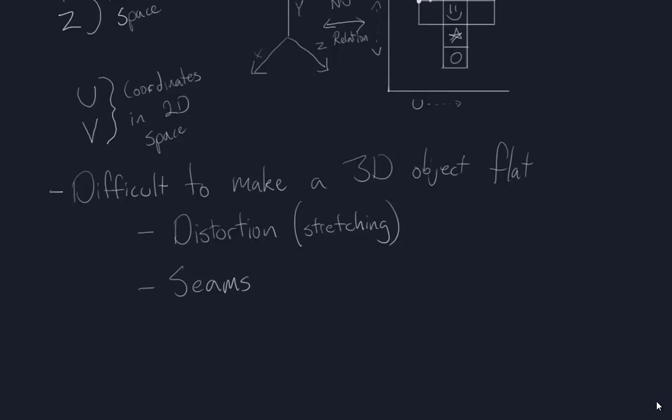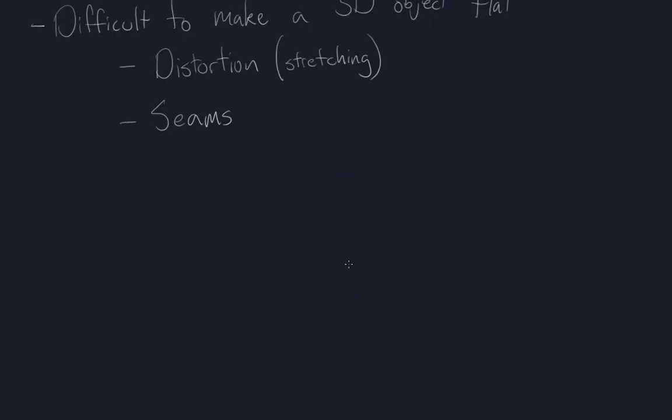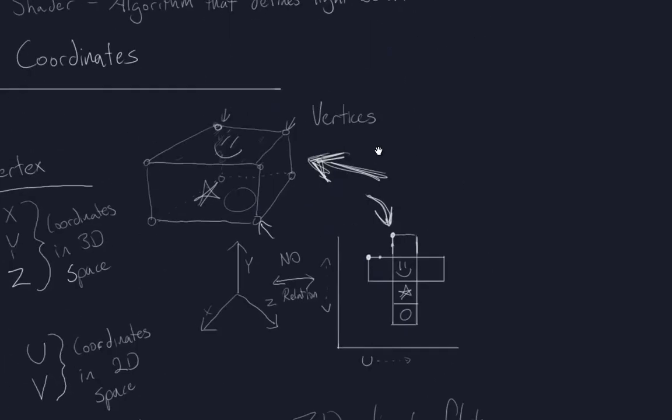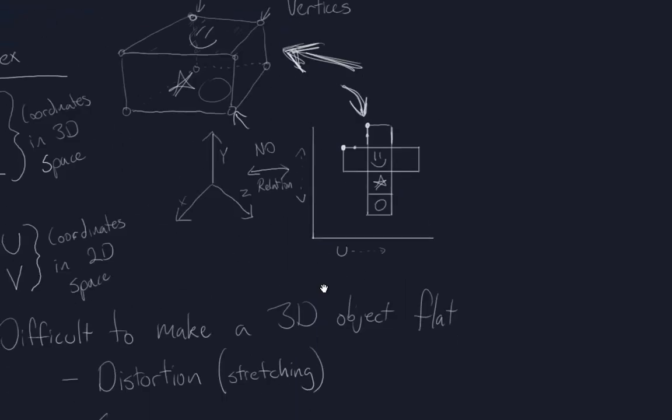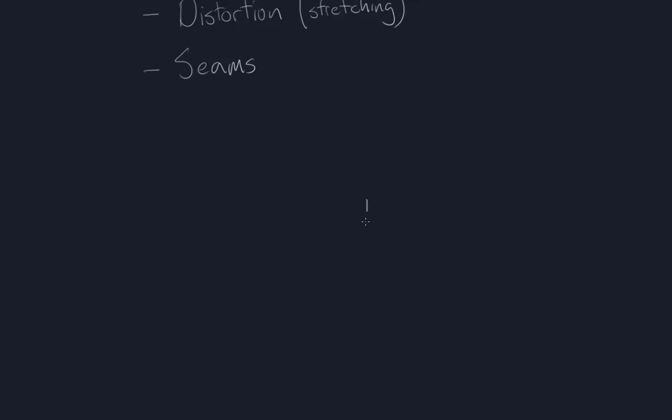So the next thing I want to talk about is the creation of materials in Maya. Inside of Maya, as I mentioned earlier, we have materials which have textures that plug into them, and those materials are then applied to a surface. When you're making a material in Maya, you need to keep a few things in mind.